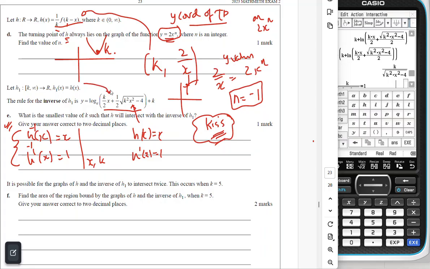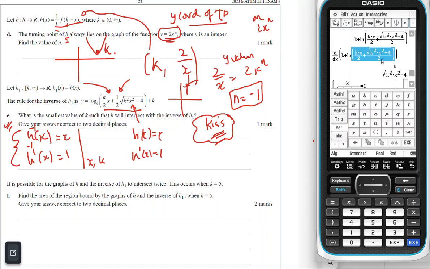Since they've gone to the bother of giving me the inverse, I think that might be a hint that I should use the inverse. So I've got the inverse typed here.